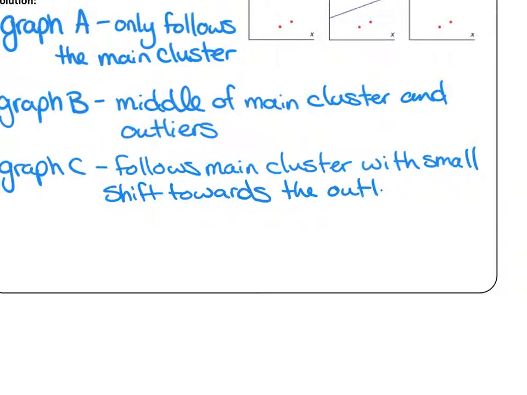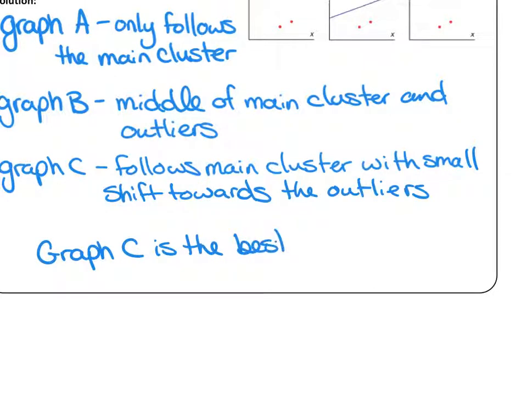So in this case, if I had to choose which one is the best one, I would probably say graph C is the best line of best fit, or the one that best represents what's actually happening. Let's move on to the other page, and we'll see what's happening with those examples.